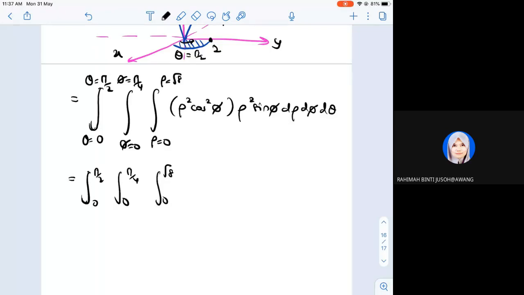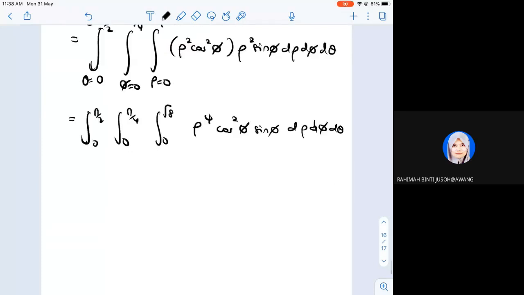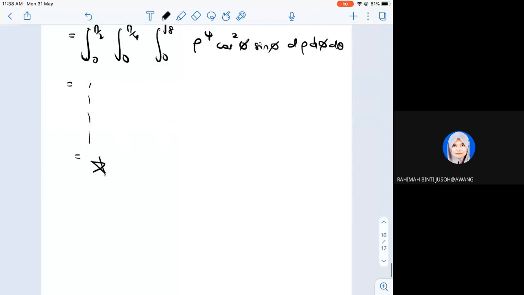Rho squared jadi rho to the power of 4. Okay. Cos squared phi sin phi d rho d phi d theta. Okay, so you can proceed lah guys. It's just same steps like previous question. Integrate macam biasa je. Next question.